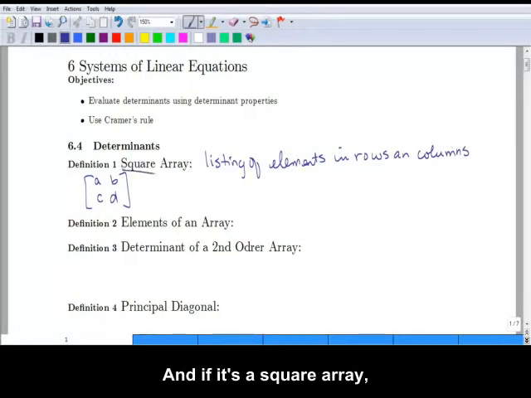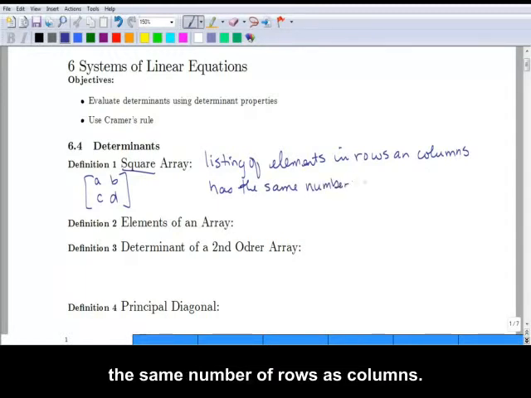And if it's a square array, then this listing has the same number of rows as columns.